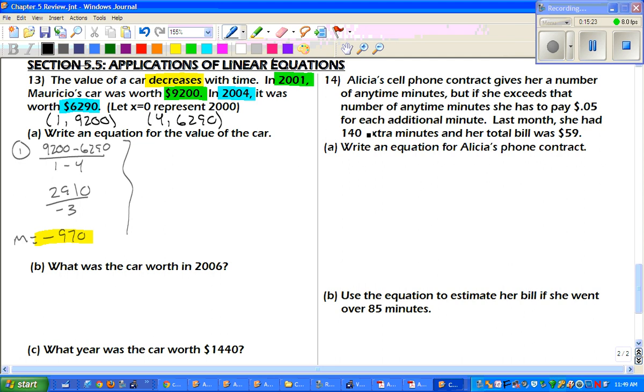Now it doesn't matter which point we plug into. I'm going to use that first one. So y minus 920 equals negative 97 times (x minus 1). Go ahead and distribute.